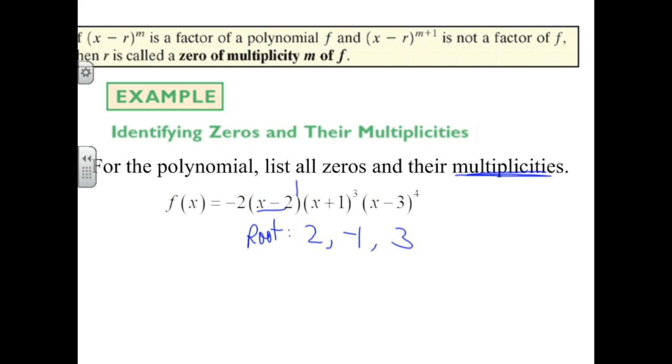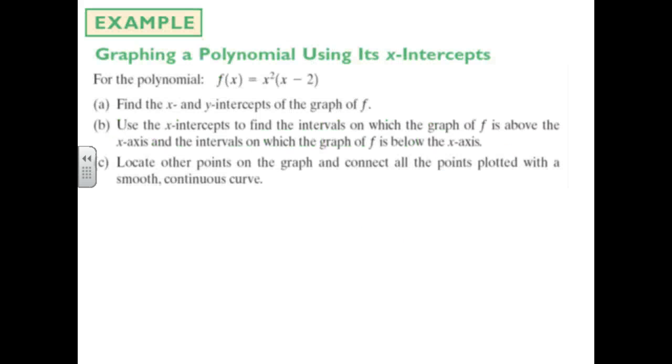Well, the multiplicity says how many times do I see this as a factor, and this multiplicity is just 1. But this multiplicity is a 3 because it's being raised to the third power. A multiplicity is just saying what's the exponent on that. It's how many times that factor is being multiplied. And then the graph is going to behave differently depending on its multiplicity.